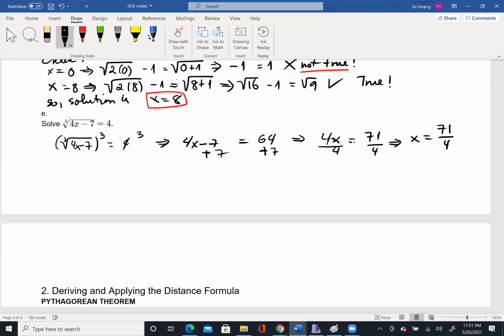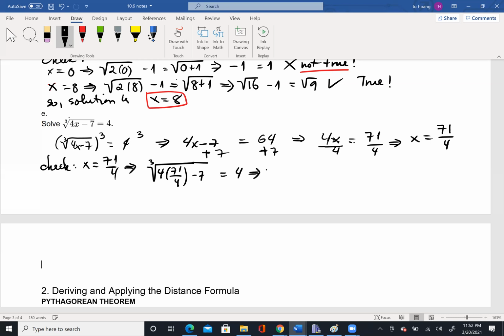Is this a solution? I need to check. So check. x equal to 71/4. That gives me the cube root of 4 times 71/4 minus 7. Is it equal to 4?